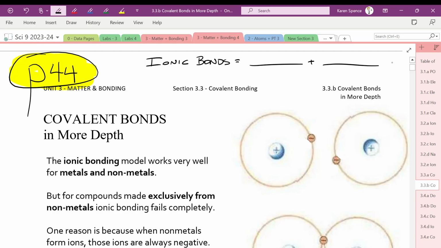Yes. Metal plus nonmetal. And when the metal becomes an ion, what is its charge? Tell your partner, what's the charge on a metal?